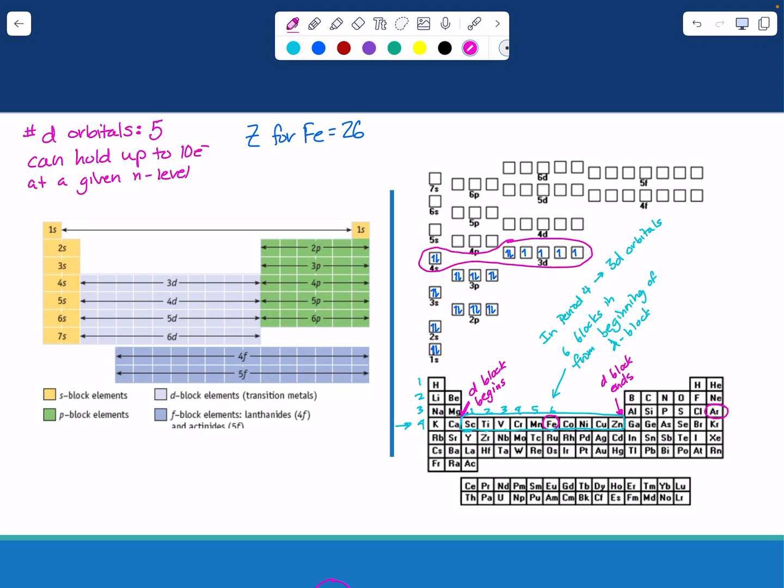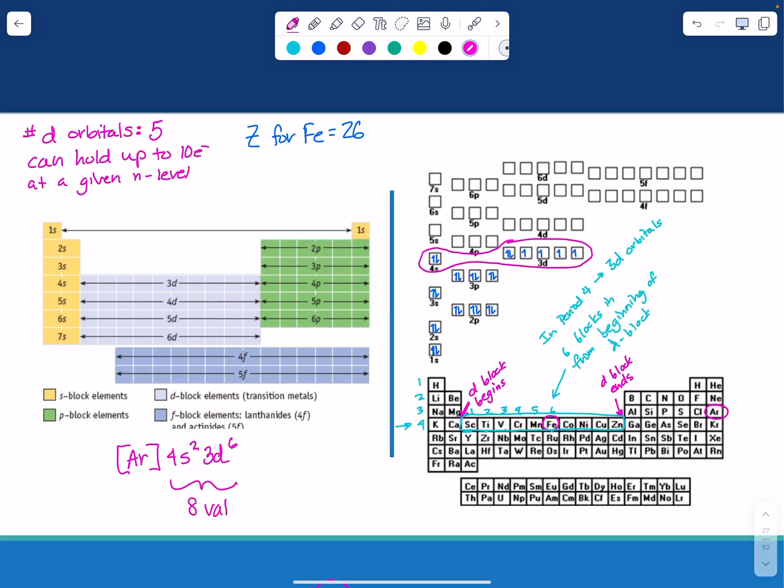Argon is our noble gas that's closest without going over in atomic number. So our noble gas notation is going to be argon, and then we're going to have the 4s, we have 2 there, and then our 3d, we have 1, 2, 3, 4, 5, 6 electrons in there. So if I want to consider how many valence electrons iron has, we would add up those electrons. So this would be 8 valence electrons.